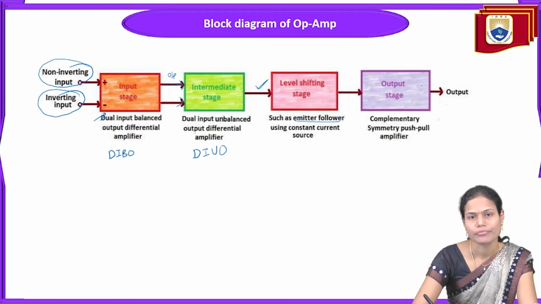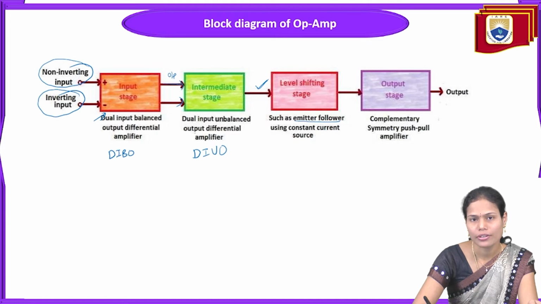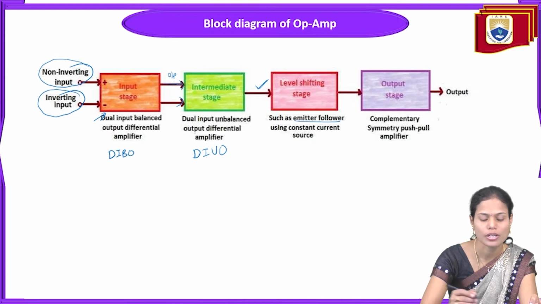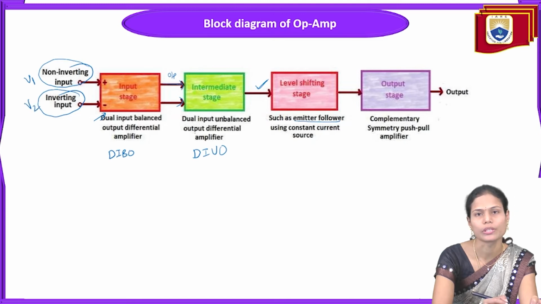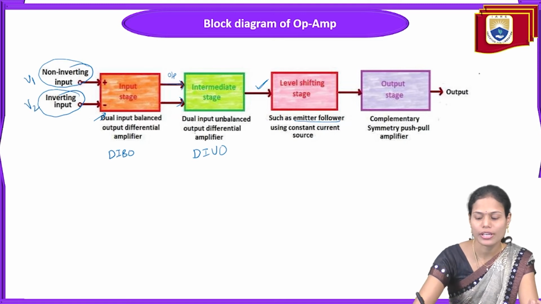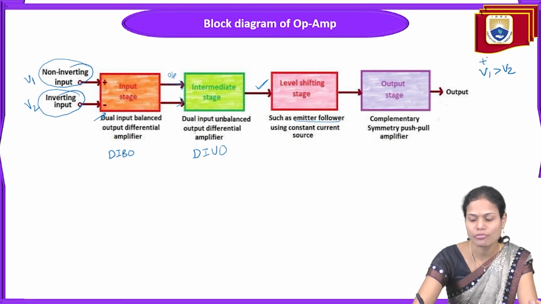In the case of the output stage, we can utilize a complementary symmetry push-pull amplifier. The output of the differential amplifier depends upon how much input signal we provide. Suppose our positive input, that is the non-inverting voltage V1, is high compared to V2. If V1 is greater than V2, meaning the positive value is greater than the negative value, the output is positive.